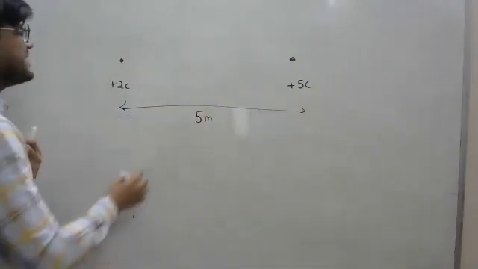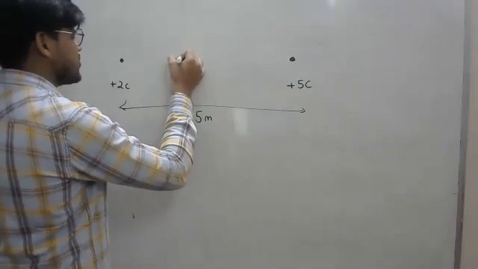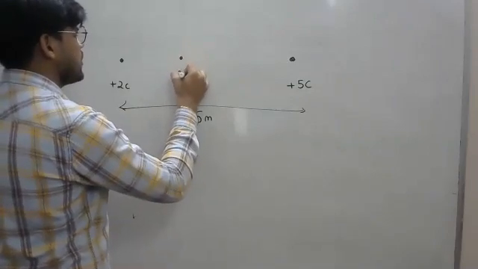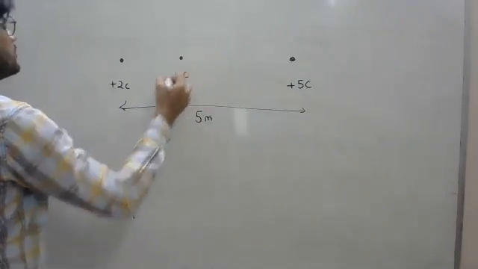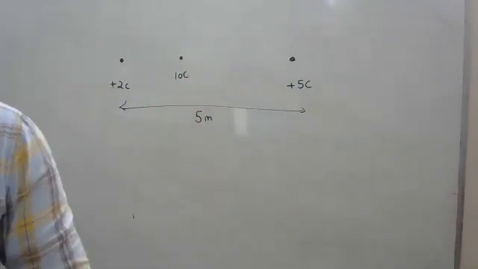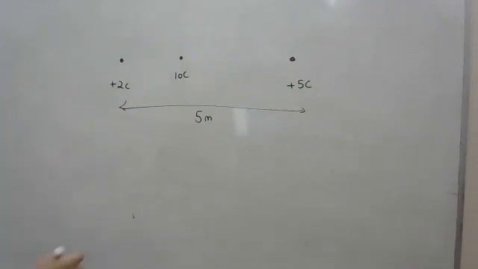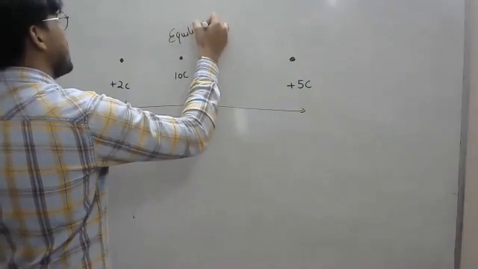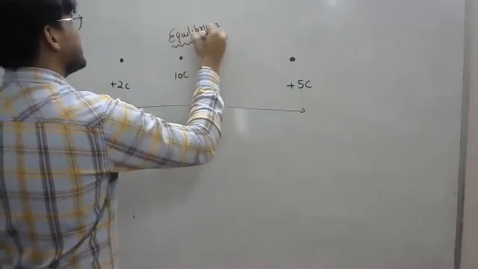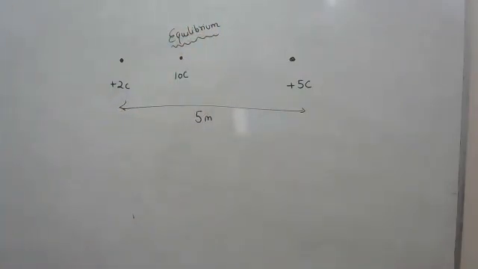I want to place a charge of 3 coulomb, or let's say 10 coulomb. I want to place a charge of 10 coulomb between them such that this is an equilibrium. I want to place this charge somewhere on the line joining them such that it is in equilibrium.